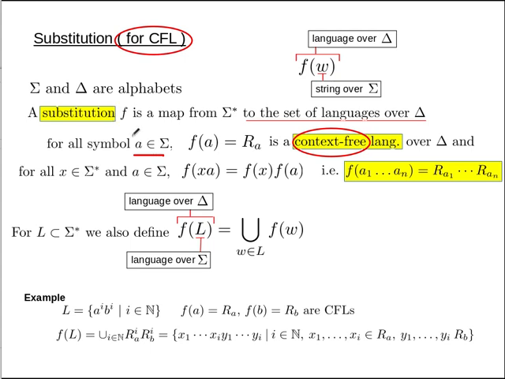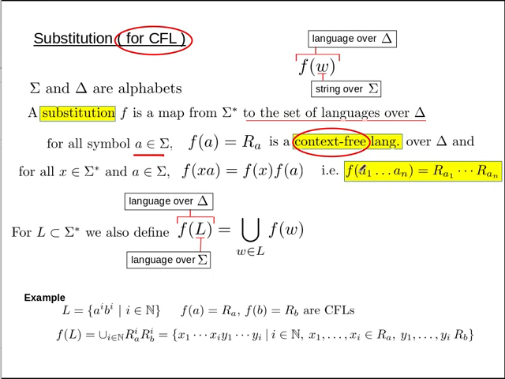And we will show that CFLs are closed under substitution for CFL. That is, if L is a CFL, then f of L is also a CFL. If you expand this over all the symbols, x can be broken down into its last symbol and the remaining part, and you can recursively break it down into all symbols.